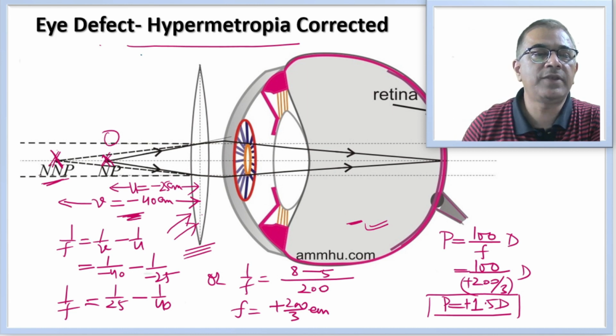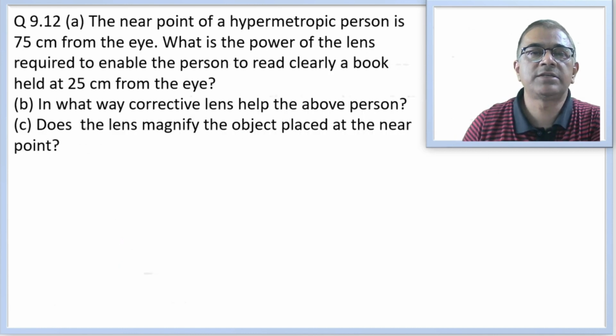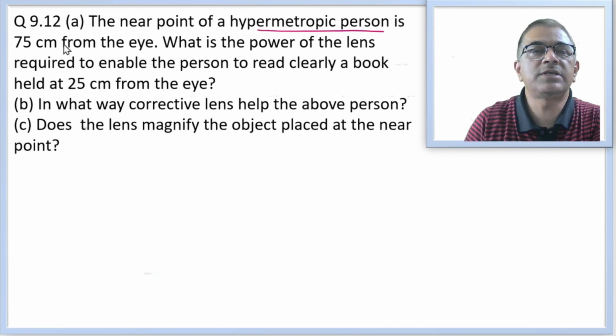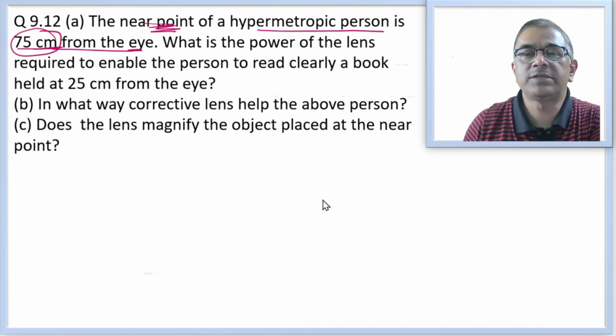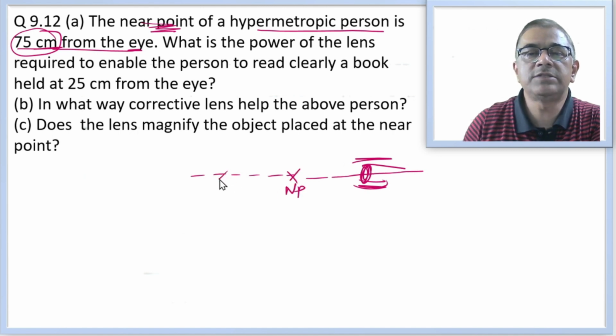Now let's try to see the associated numerical. The near point of a hypermetropic person is 75 centimeter from the eye. Let's try to visualize it. This is the eye, this is the principal axis of the eye lens, this is the near point, and this is the near point.